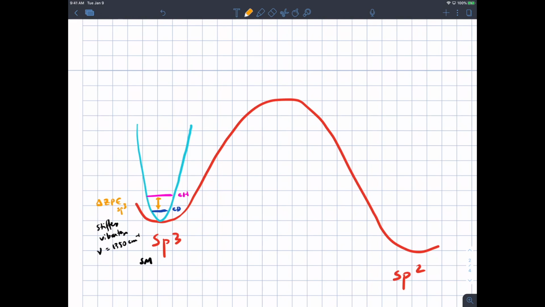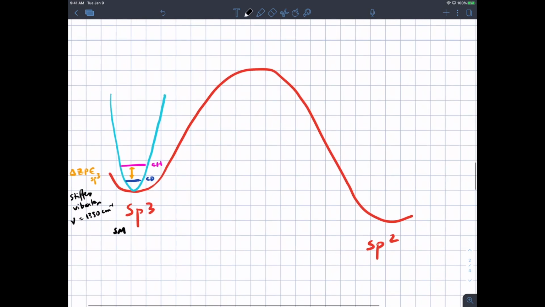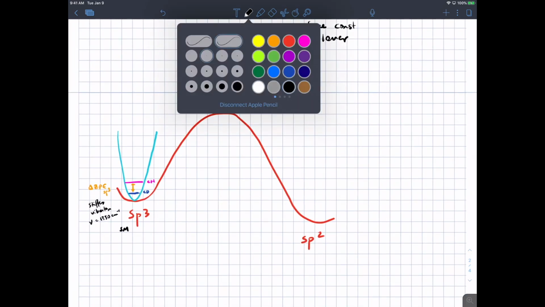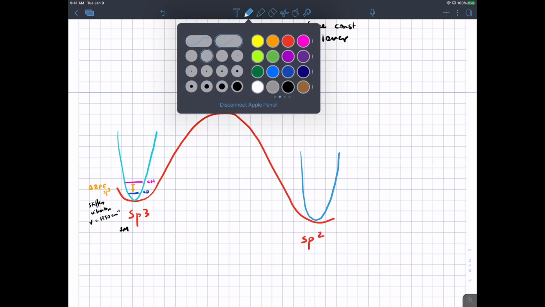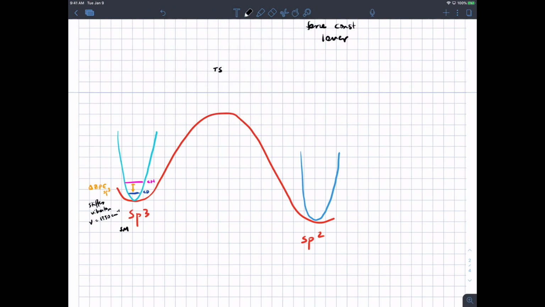And then let's imagine in the products what the vibrational well looks like when we've got the sp2 hybridized carbon. We've said that the vibration is more free, lower, looser force constant, and therefore lower frequency.